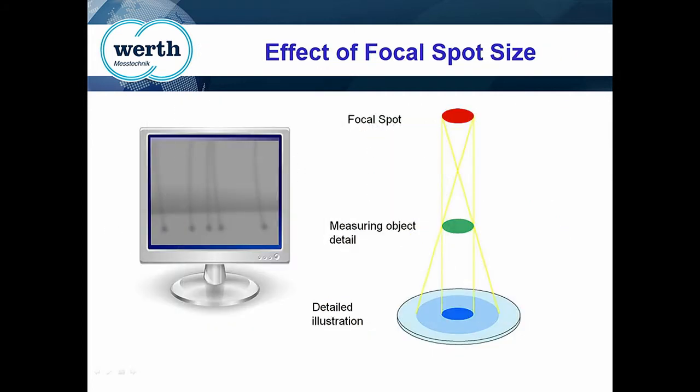And then this shows you the effect of your focal spot size on your resolution. So here we have a larger focal spot. The X-ray beams are going in different directions, and that creates a shadowing effect on your part. The image on the left is a live image of what you would be seeing.